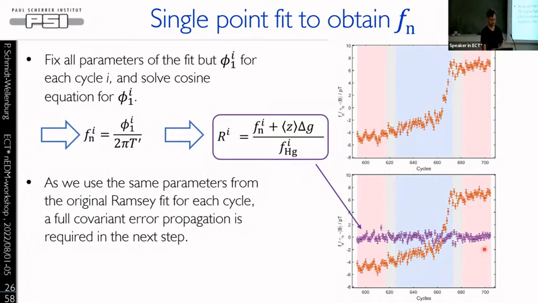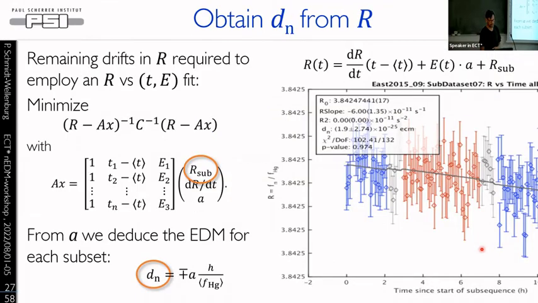So what you do next is that you get all these ratios, and essentially what you then see here is a step in this function. This step is the electric dipole moment, and it's not surprising that you see that, because we had blinded data and you had some electric dipole moment in there. And so you do this fit because although you normalize your data with the other frequency, there are still frequency shifts in both systems coming from certain things.